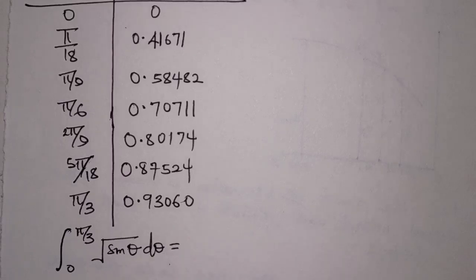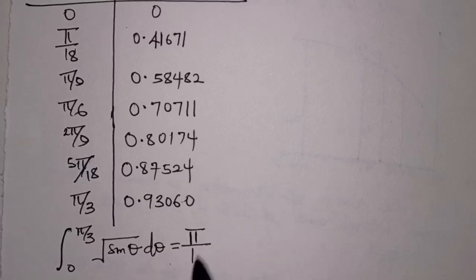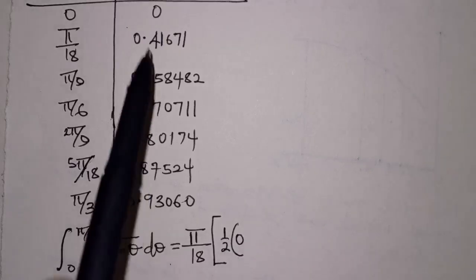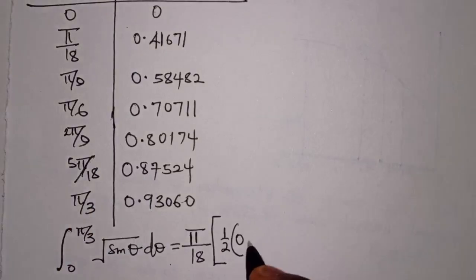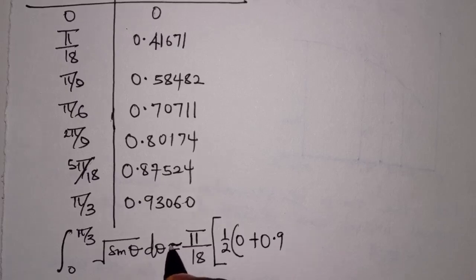is equal to this. The rule says width of subintervals, which is pi over 18, into 1 over 2 times the sum of the first and the last ordinates. That will be 0, the first ordinate, plus this, plus 0.93060. Sorry, this is an approximate value.